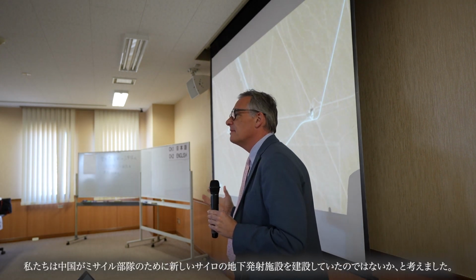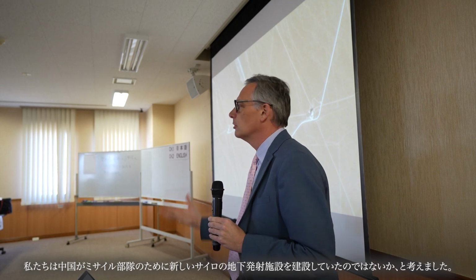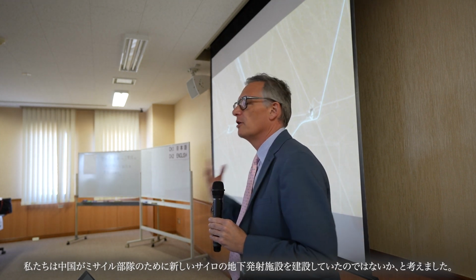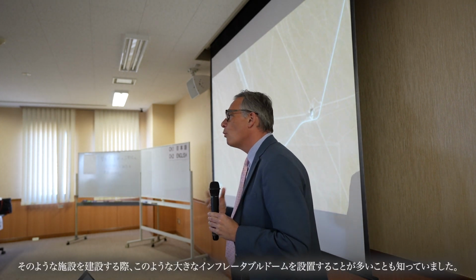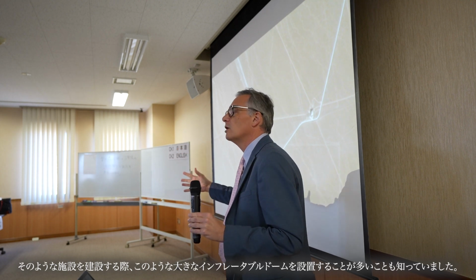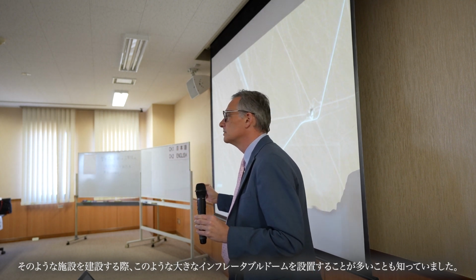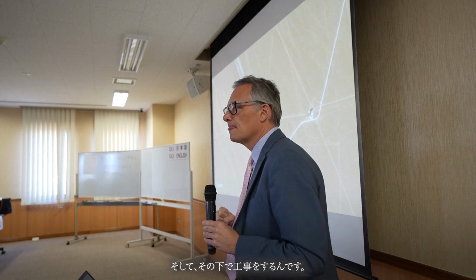We had the idea that maybe China was building new silos, underground launch facilities for their missile force. And we knew that when they built such facilities, they often put up one of these large inflatable domes and did the construction underneath it.